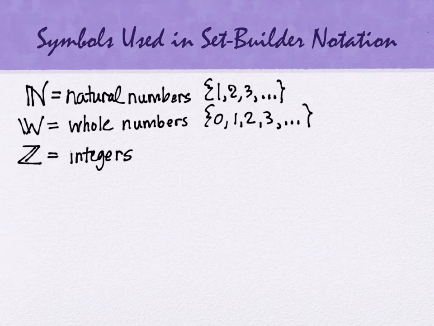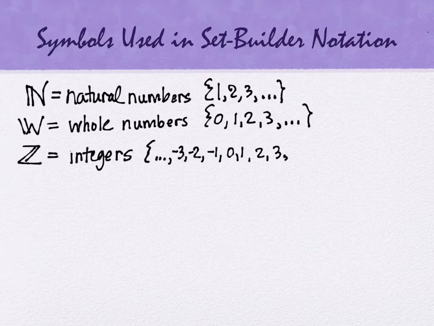So N for natural, W for whole, Z for integers. And the integers kind of have this ... on both ends because you have to go both directions from 0. Now notice it doesn't include just the negatives, it's positives too. So I'm building upon my world, right?